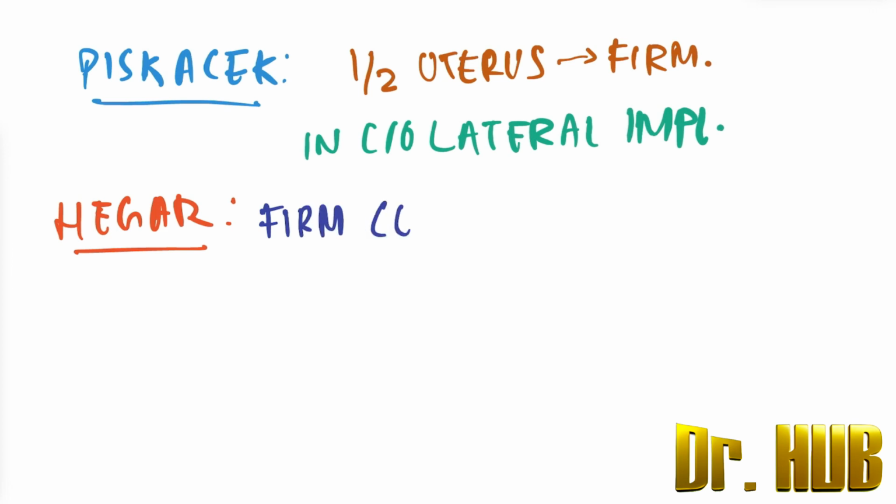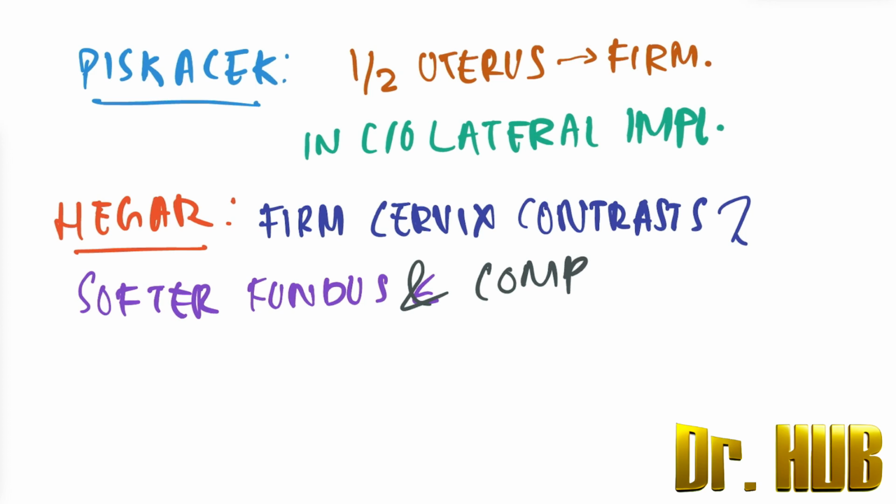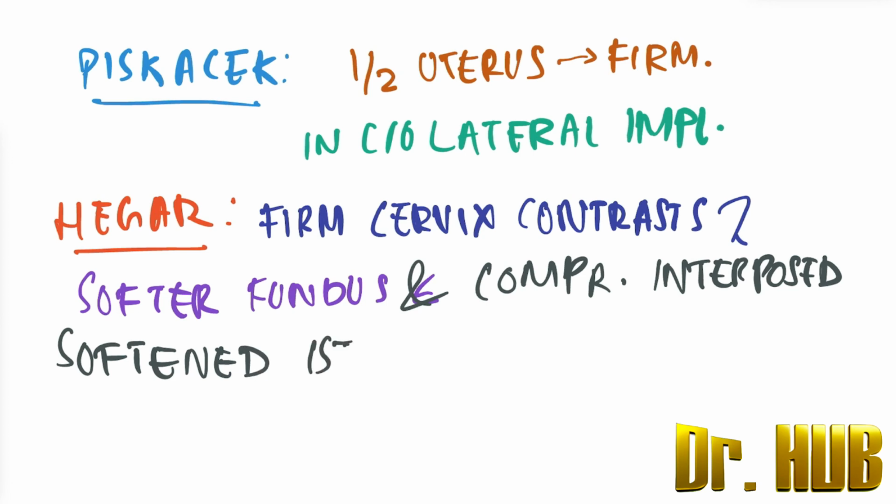So this firm cervix will contrast with the softer fundus and the compressible, interposed, softened isthmus. So this will be about 6 to 10 weeks.